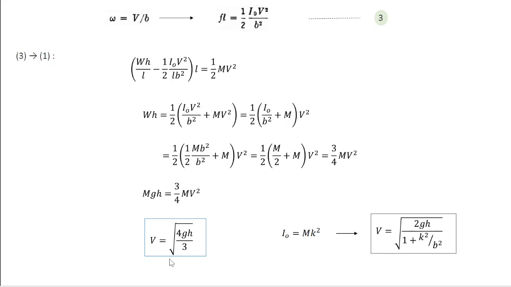Okay. Now you can follow the same procedure. So instead of half mb square, you can write mk square and do the simplification. Then you get the general equation v equals square root of 2gh divided by 1 plus k square by b square. So this is true for any shape. Okay.